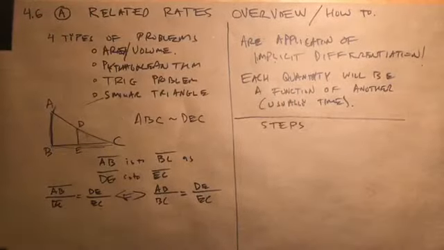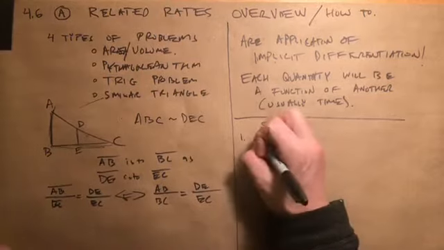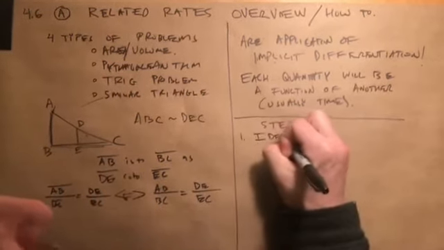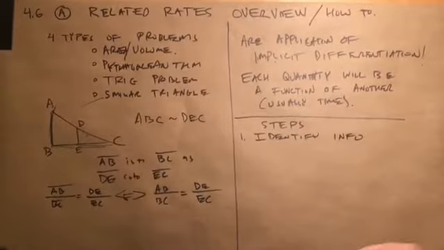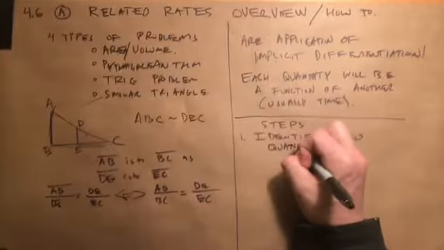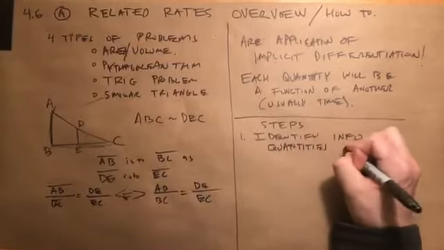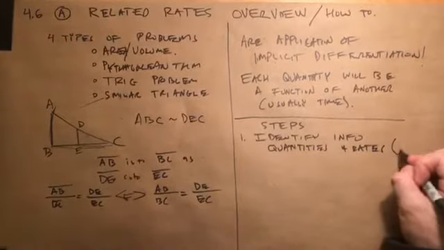So now let's talk about the steps necessary to do a related rate well. And step one is to identify information. What are the quantities? What are the rates? Focus on the units here.